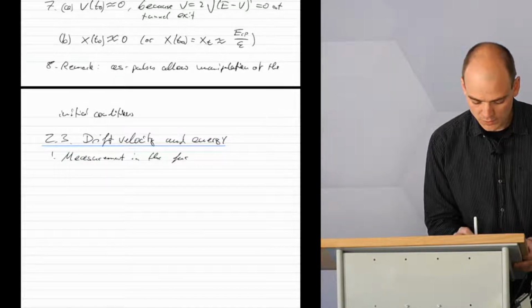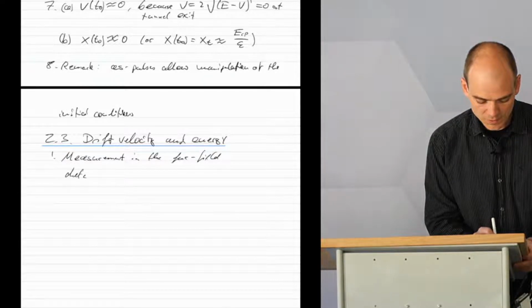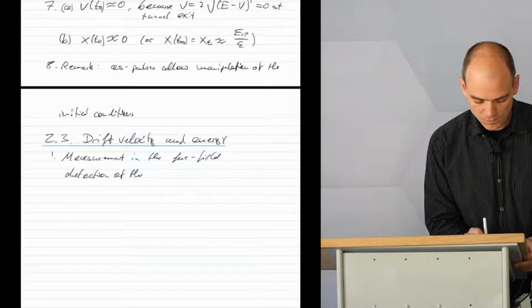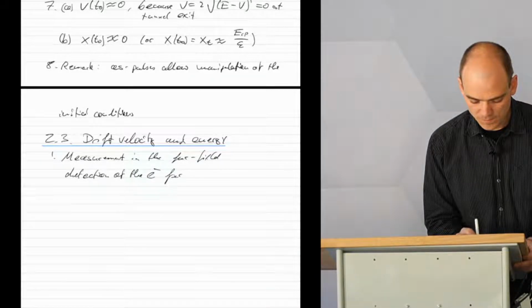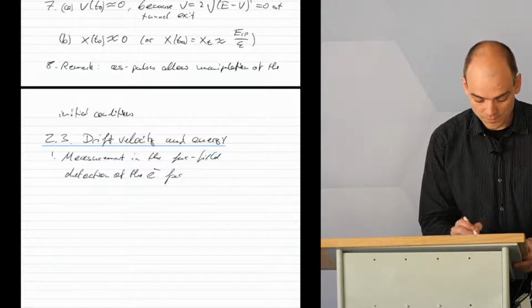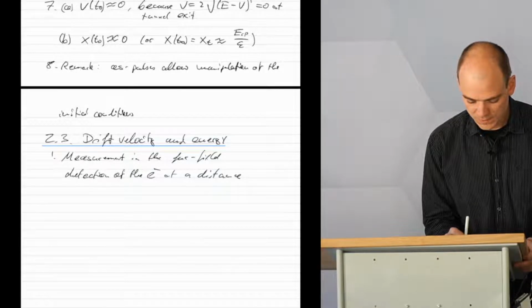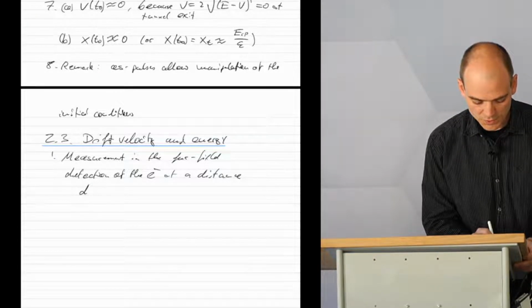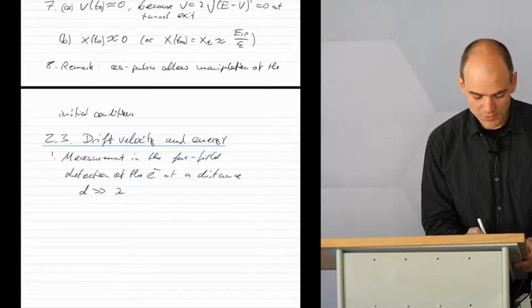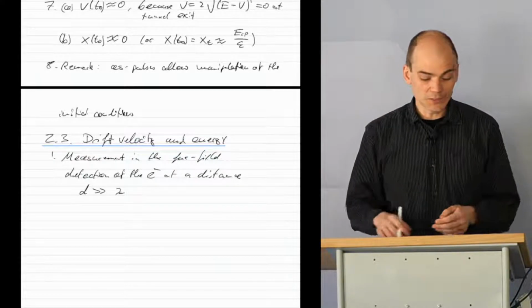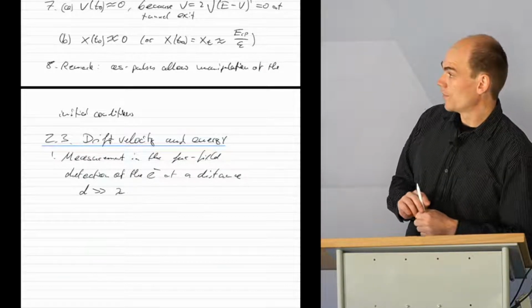The detection of the electron at a distance, let's call it d, much larger than the laser wavelength or the size of the focus.